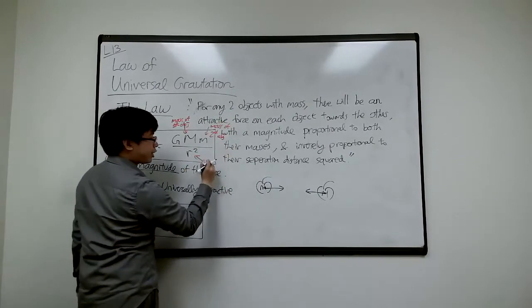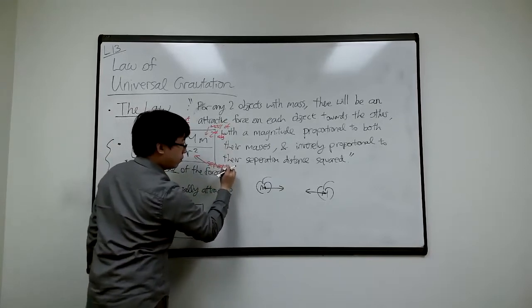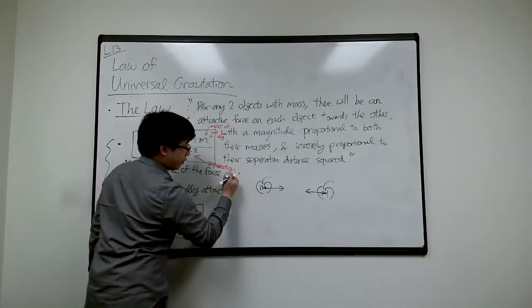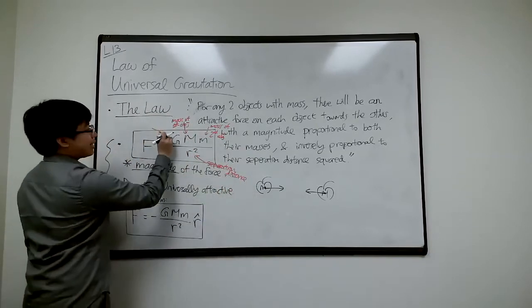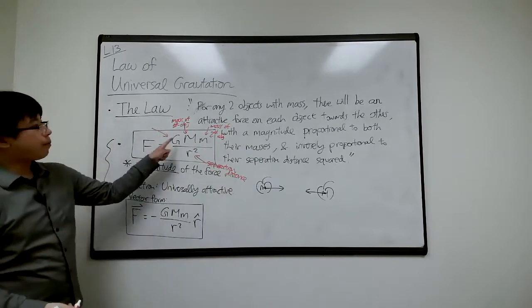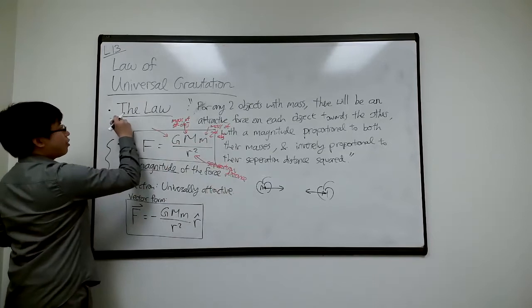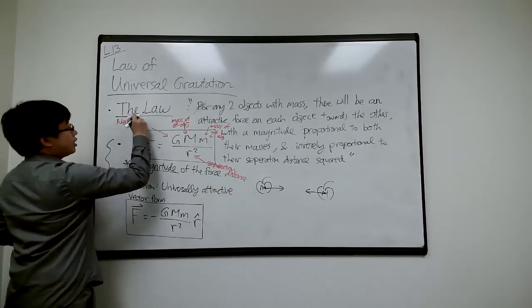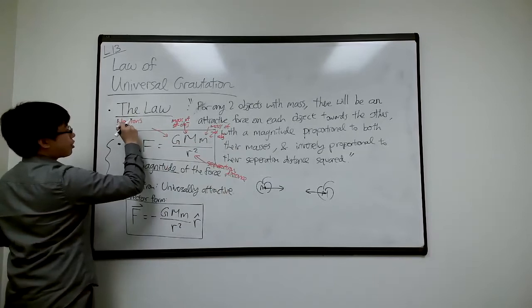This is the separation or the distance. As you see, there's a square, and this is a constant. So it's proportional to everything over here. And this constant is called Newton's universal gravitational constant.